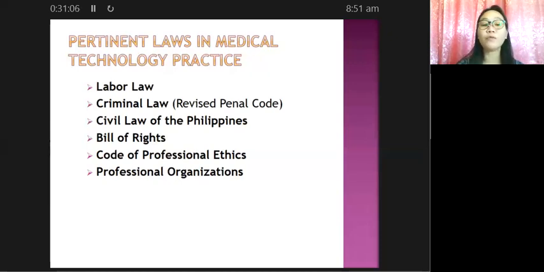Apart from that, of course, we also have other rules, regulations, or guidelines that we have to follow as part of our professional career later on. A good example is the Code of Professional Ethics, which you will be memorizing by midterms.